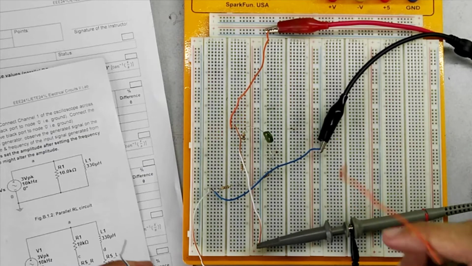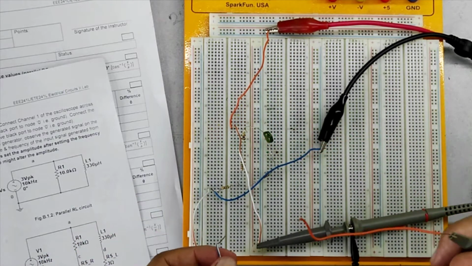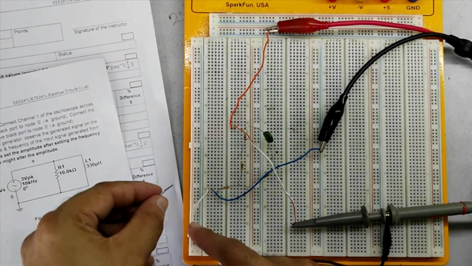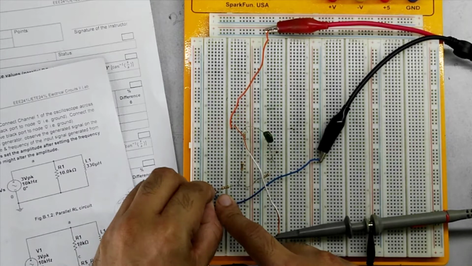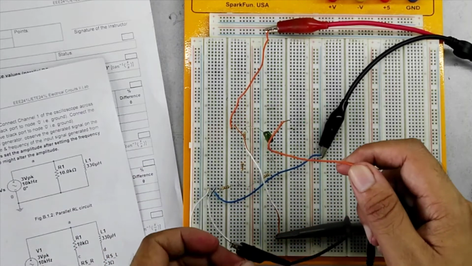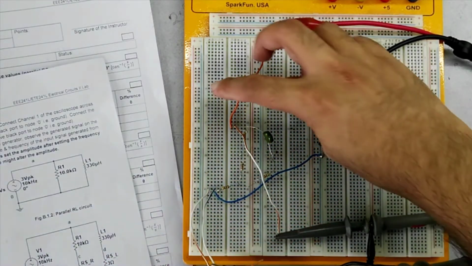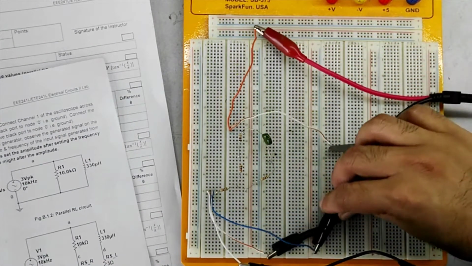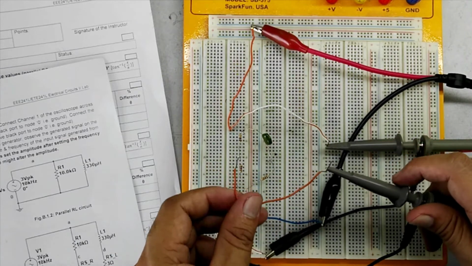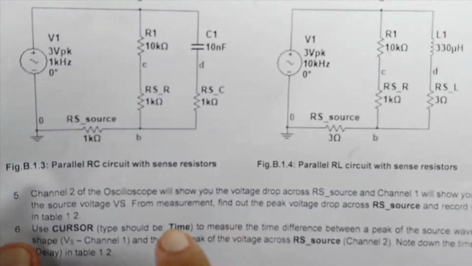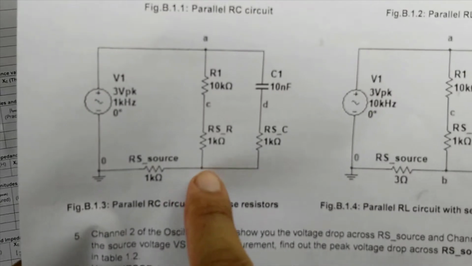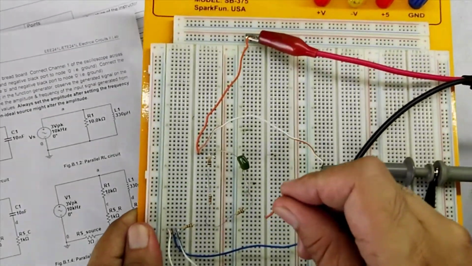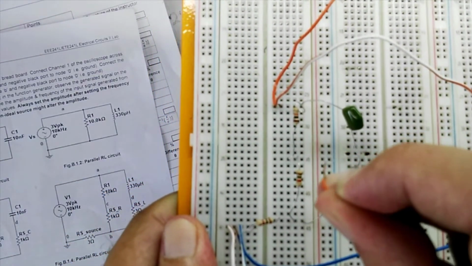Now we will attach channel 2 to node B. This will go to the ground. The black wire always goes to the ground, and the positive part of the probe will connect to node B. Node B is at this end of the RS source.